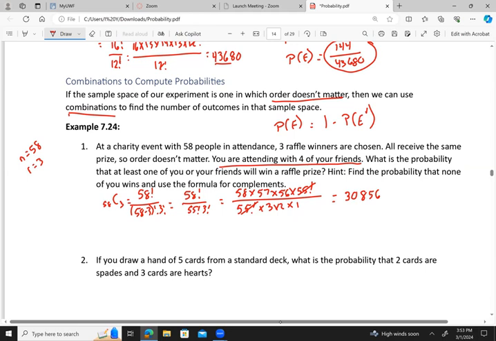Now there's 5 of us, so that means there's 53 people that are not in my group. That means our modified n is 53.